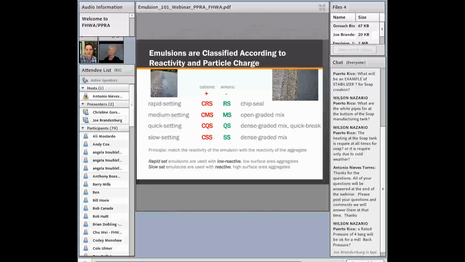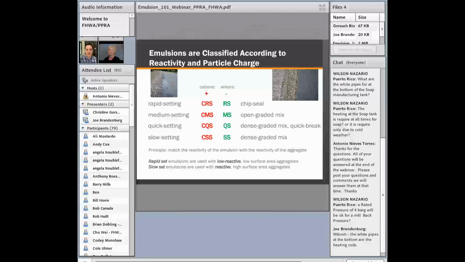As we move down the slide, we have emulsions that are less reactive: medium setting, quick setting, slow setting. We would match a slow setting emulsion, a CSS for cationic slow set or SS for anionic slow set, with a more densely graded mix, because we don't want the emulsion to break before we can mix and apply it.